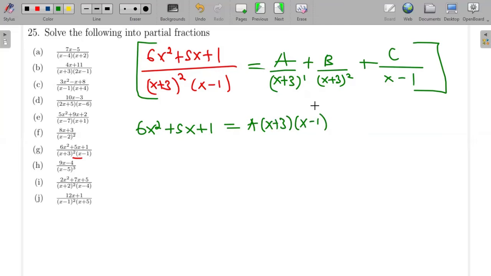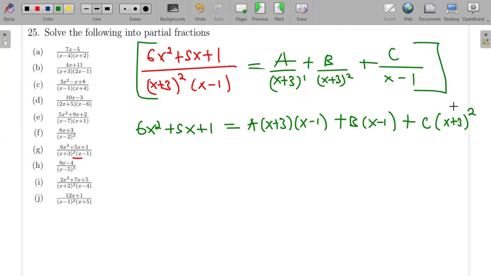Then for b over (x plus 3) squared, the x plus 3 is going to cancel, so I remain with b and then (x minus 1). Plus, for c over x minus 1, the x minus 1 is going to cancel, so I remain with c multiplied by (x plus 3) to the power 2. So that is what I have there.